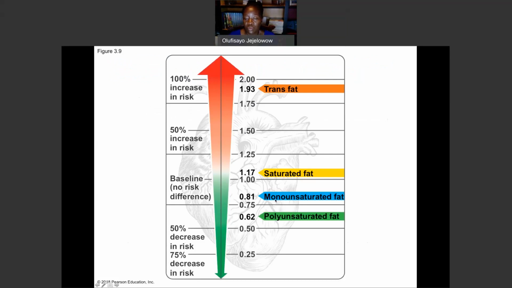But when we go to monounsaturated fat, we have the baseline, no risk difference. As we increase saturated fat and trans fat, we progressively increase our risk of heart disease and health problems.